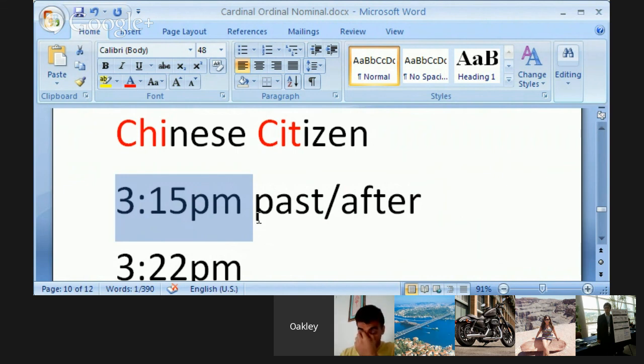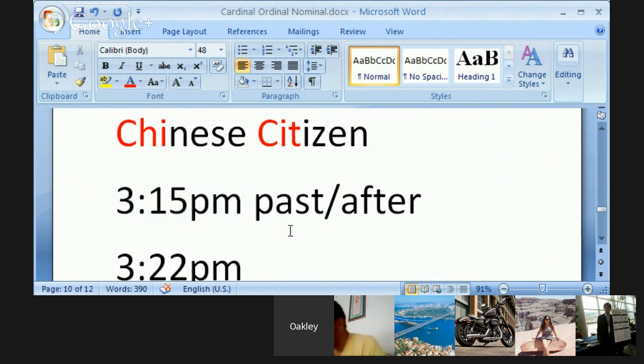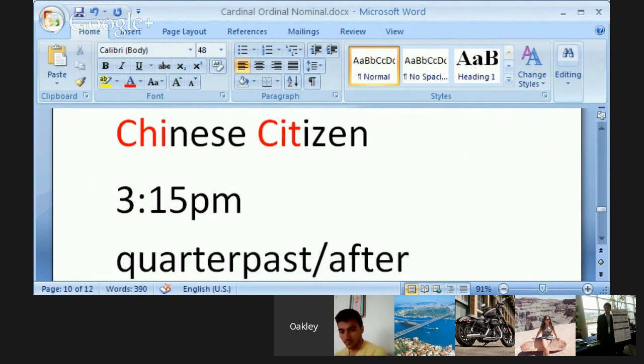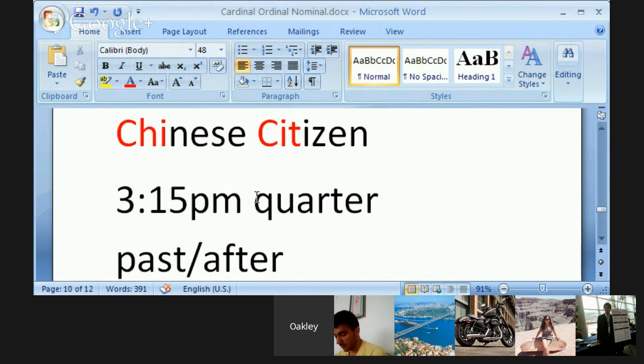Or 15 after 3, or I can also say a quarter after 3, or a quarter past 3.